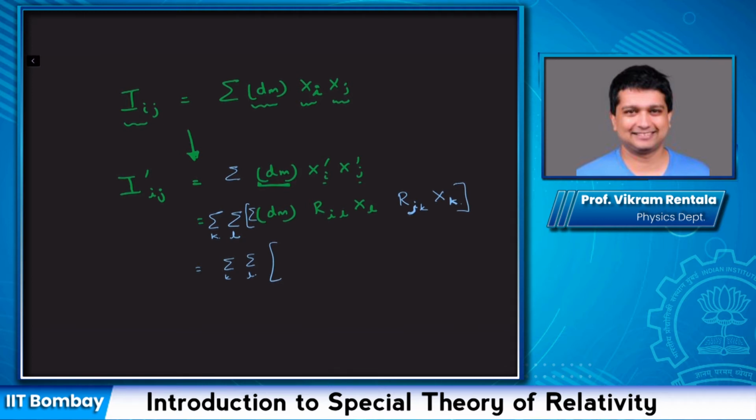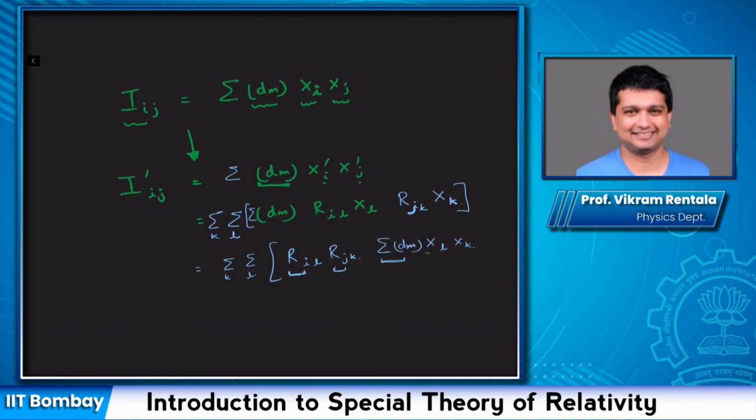So R_il R_jk times the summation over masses of x_l x_k. The reason I can take the rotation matrices outside of the summation over masses is that the choice of rotation matrix has to do with the choice of our axes, which has nothing to do with the distribution of the mass itself.